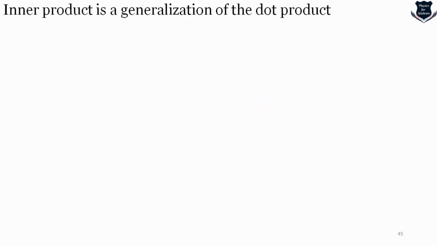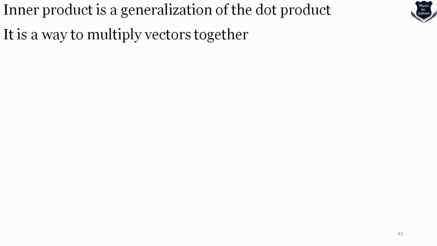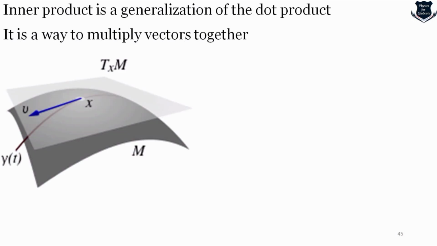Now, those who are into physics can understand that an inner product is basically a generalization of the dot product. It is a way of multiplying things together. So we take multiple vectors, we can multiply them, and you know that the result of this multiplication will be a scalar. Now this is the figure.